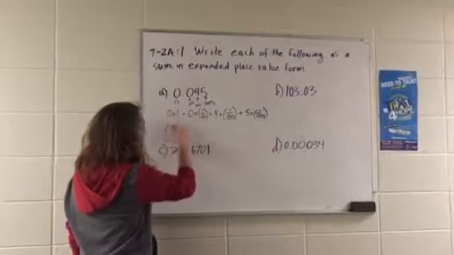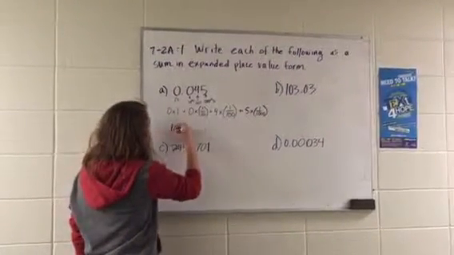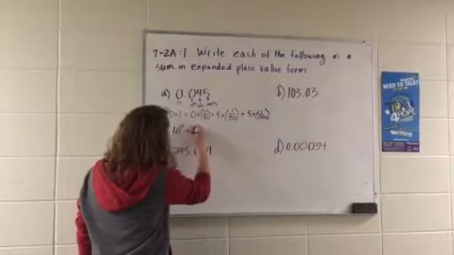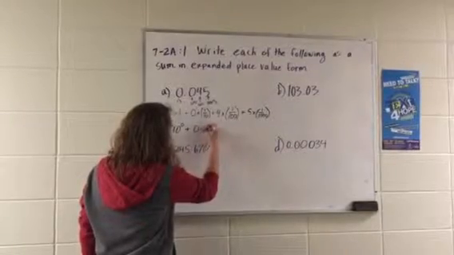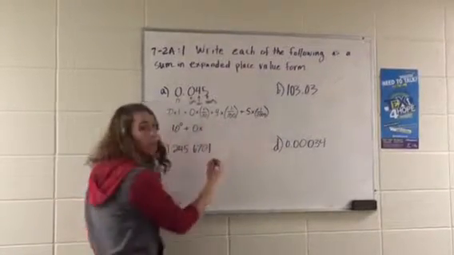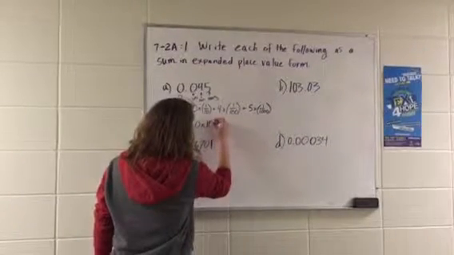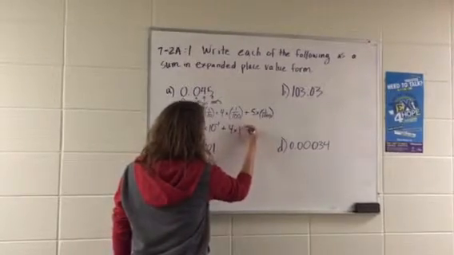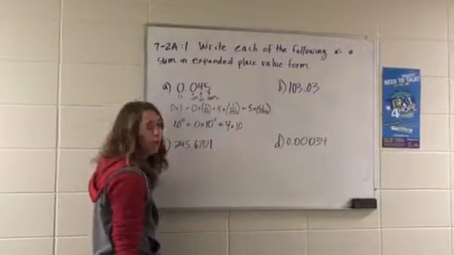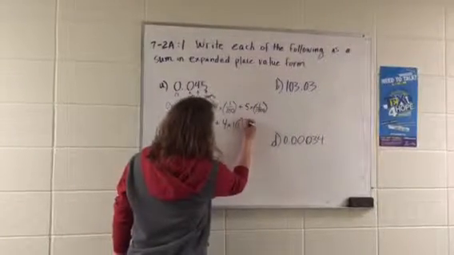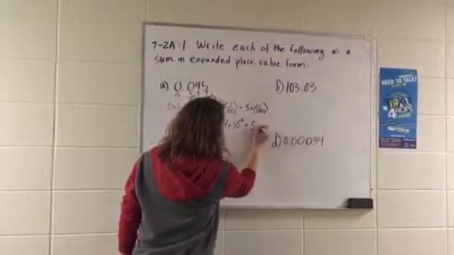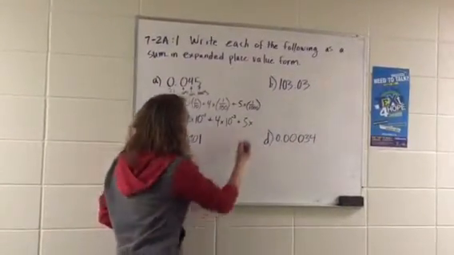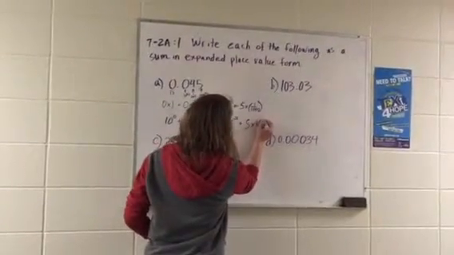So starting off, 0 times 1, another way to write that is 10 to the 0th power, plus 0 times, another way to write 1/10 is 10 to the negative 1, plus 4 times 10 to the negative 2, which is another way to write 1/100, plus 5 times 10 to the negative 3, another way to write 1/1000.